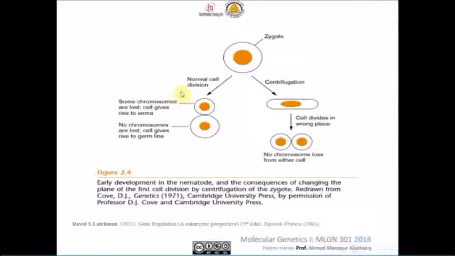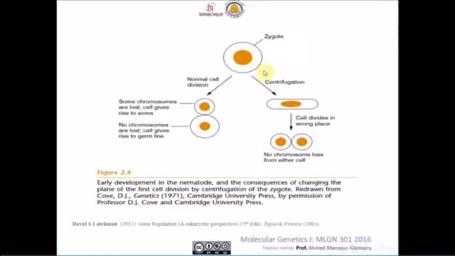The number of chromosomes in somatic cells in nematodes is less than the original number, which is retained in the germline. So the germ cells contain the actual number of chromosomes in the nematode, but the somatic cells contain fewer chromosomes.